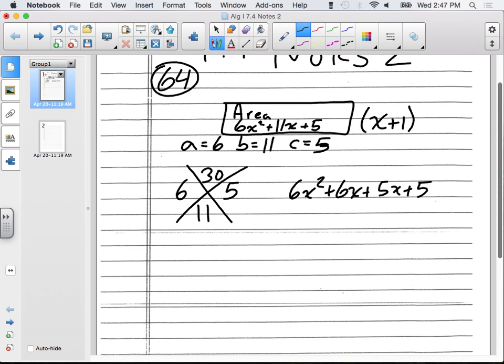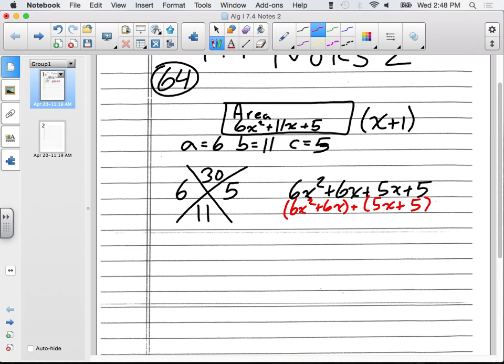We've been doing this for a couple days now. So what do we do, Justin? You group them. We get 6x squared plus 6x as our first group, plus 5x plus 5 is our second group.